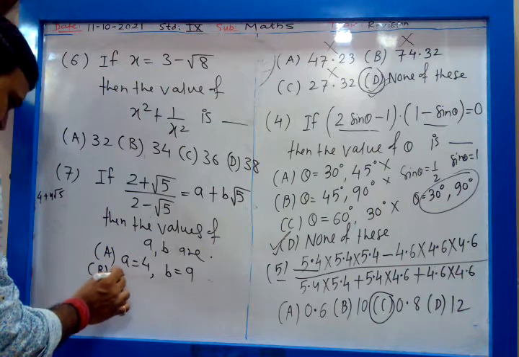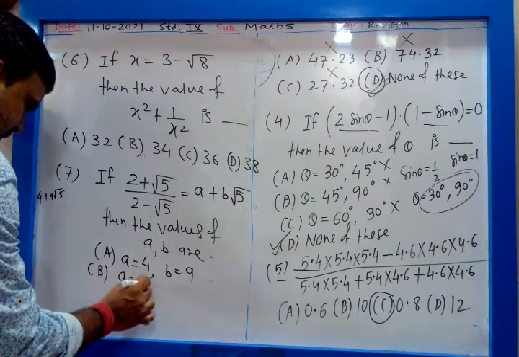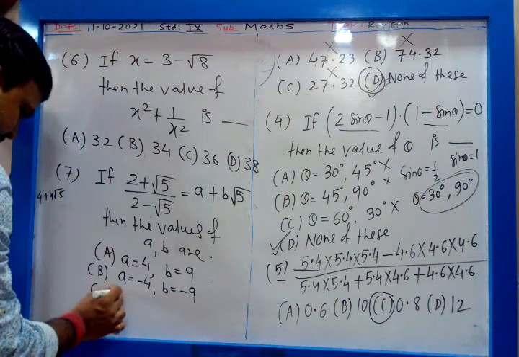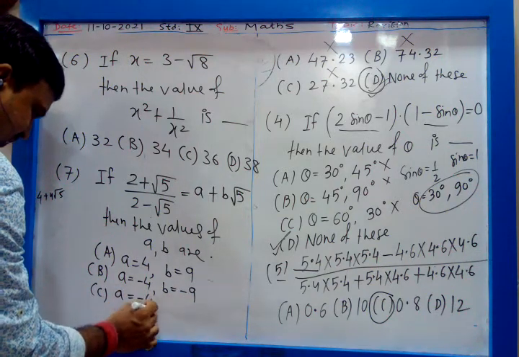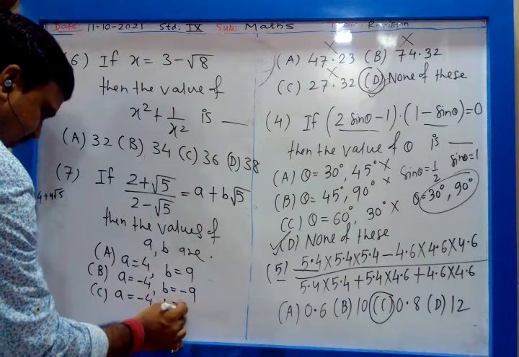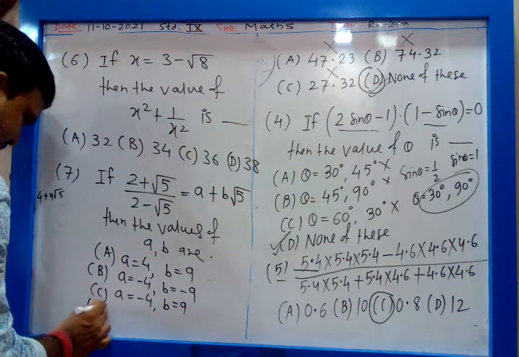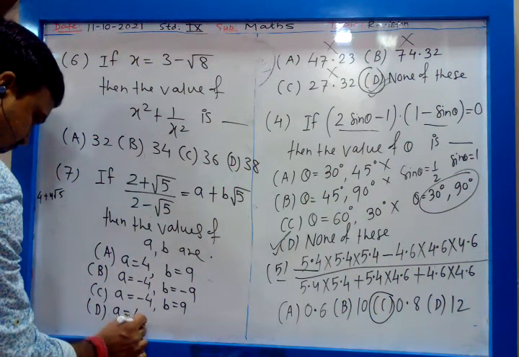Option B, A is minus 4, B is minus 9. Option C, A is minus 4, B is 9. And option D, A is 4, B is minus 9.